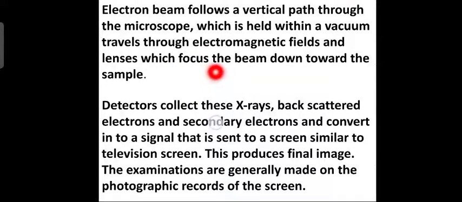Hence here we get a magnified image. Detectors collect these X-rays, backscattered electrons and secondary electrons and convert them into signals that are sent to the screen, similar to a TV screen. This produces the final image.